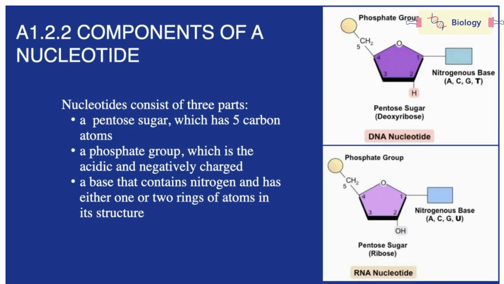Each nucleotide consists of three parts: a pentose sugar, which has 5 carbon atoms and varies depending on whether it's DNA or RNA; a phosphate group, which is acidic and negatively charged; and a base that contains nitrogen and has either one or two rings of atoms in its structure. Covalent bonds occur at specific locations between the pentose sugar, a nitrogenous base, and the phosphate group.